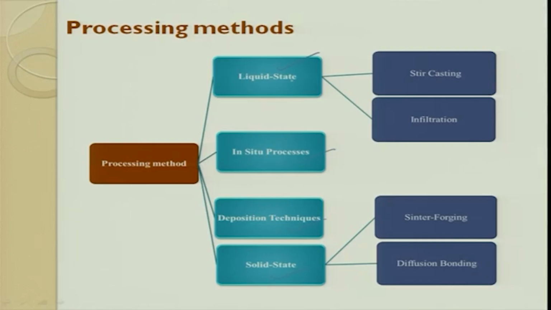What is a solid state process? For a simple example, I take a metal foil. I take 10 metal foil layers, and in between two foil layers I keep some reinforcement. This reinforcement can be a metal reinforcement, or a carbon fiber or even a glass fiber reinforcement. In solid state, I can keep a continuous fiber, I can also keep a mat.